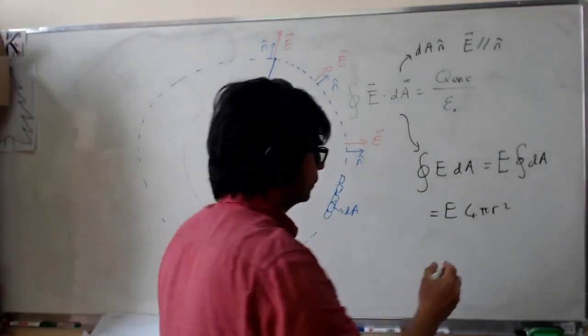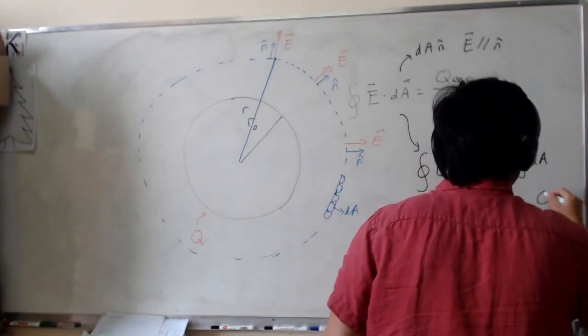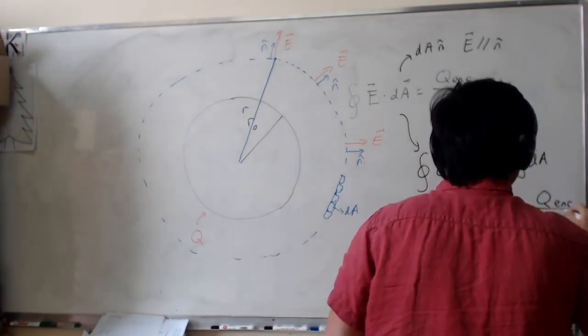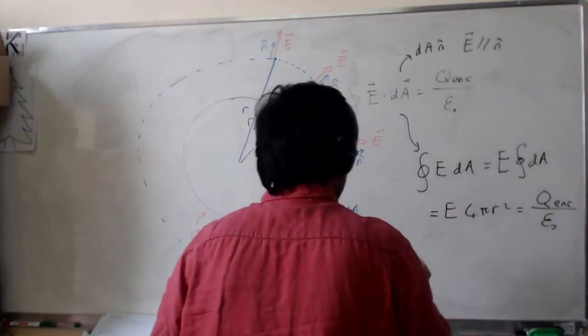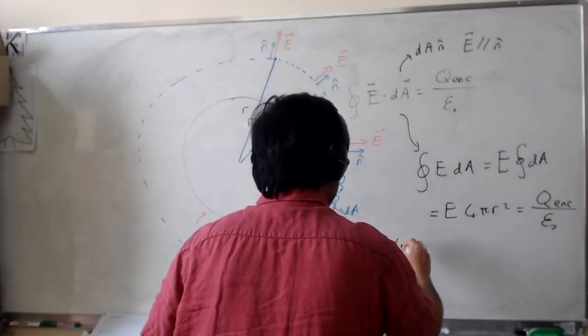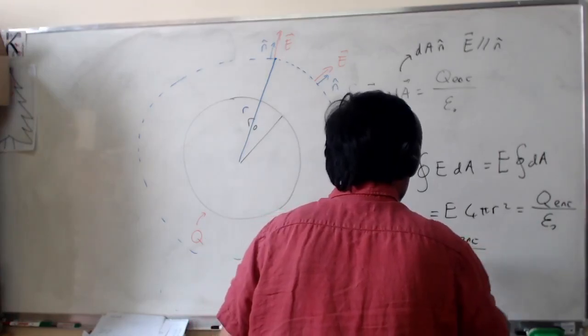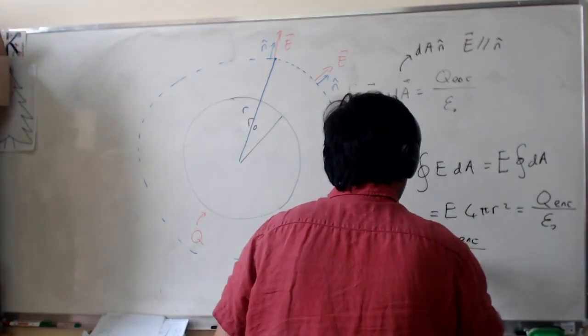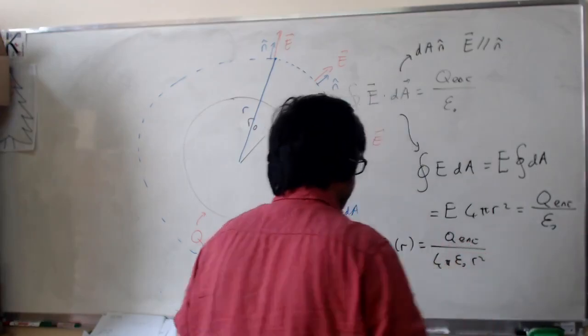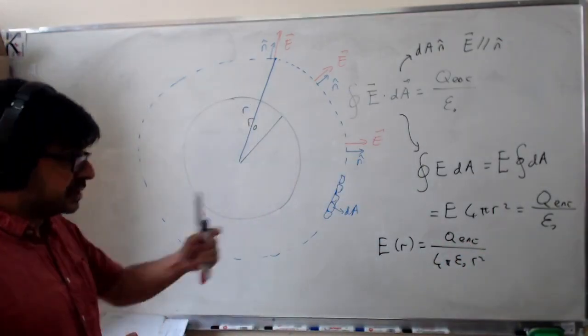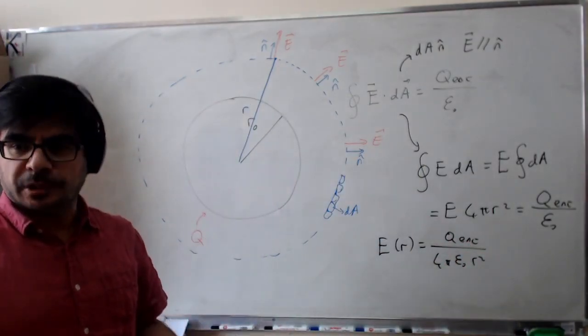And this is equal to the enclosed charge divided by epsilon naught, which means that the electric field as a function of r is going to be Q enclosed divided by 4 pi epsilon naught r squared, which is the same as the electric field of a point charge, right?